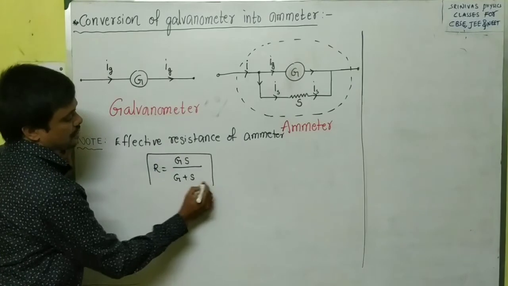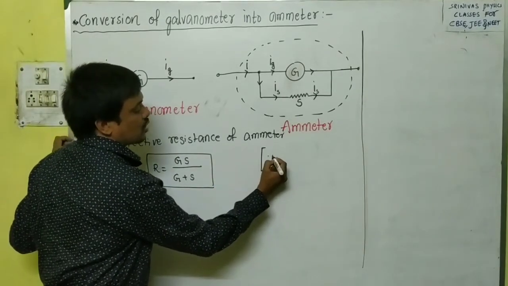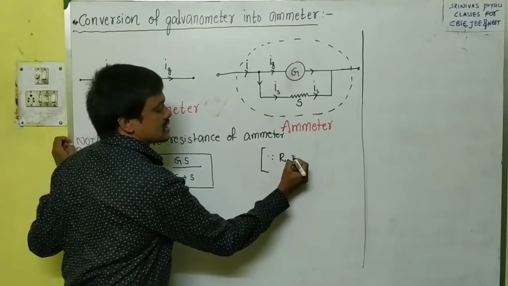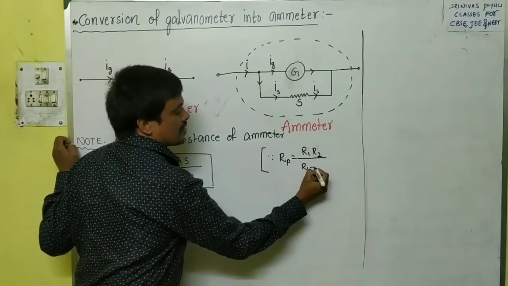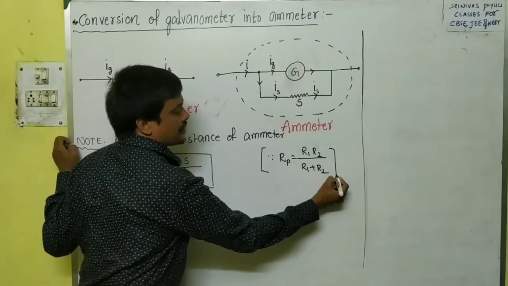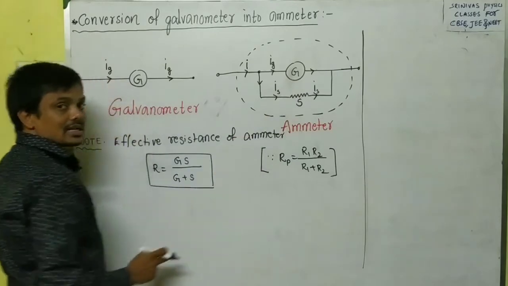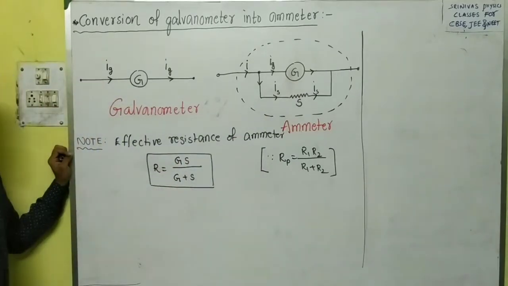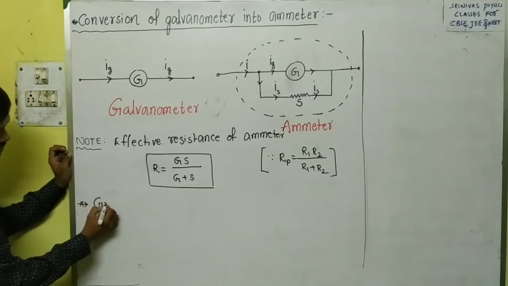We already know the formula, that in the parallel combination, effective resistance is R1 R2 by R1 plus R2. Based on that, R1 is G, R2 is S, GS by G plus S. This is the effective resistance of the ammeter. I want the current through the galvanometer.